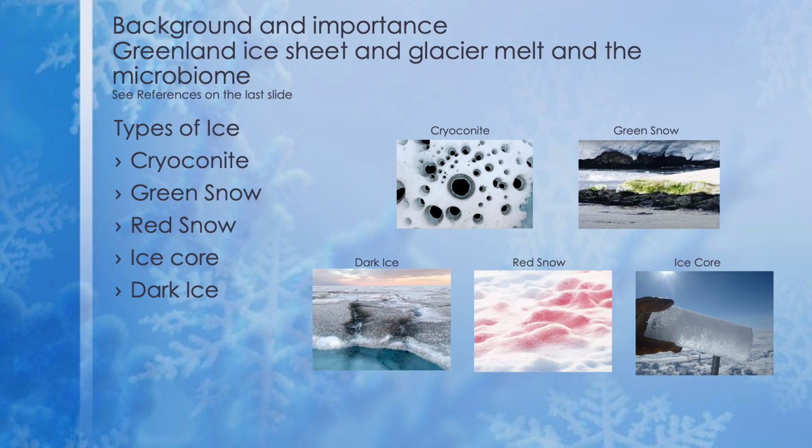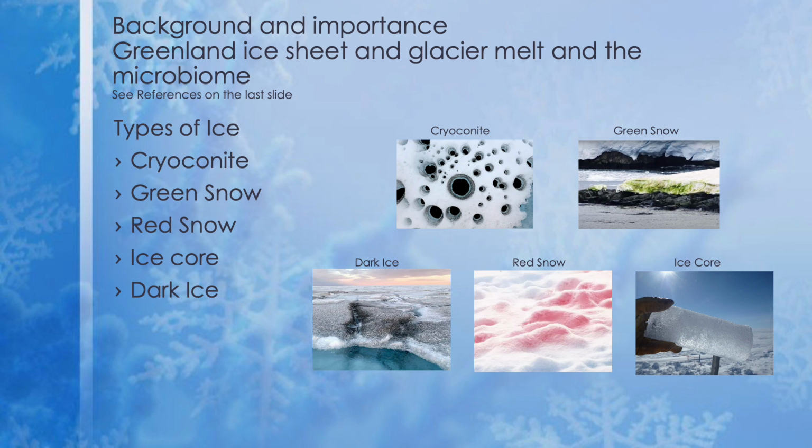This study explores 5 types of ice. Cryoconite, which is dark-colored, spherical, organic matter aggregates that are light-absorbing. This light-absorbing causes the surrounding ice to melt and form a hole with water, allowing organic growth. Green snow, which is snow colored by the growth of green algae.